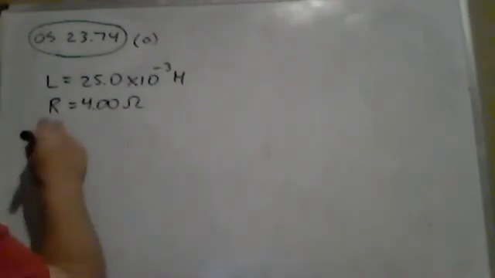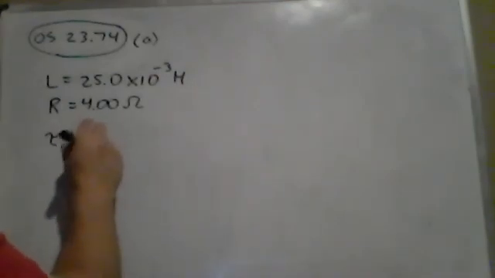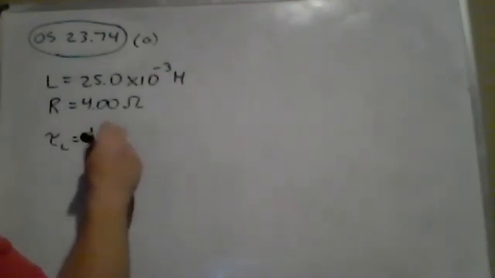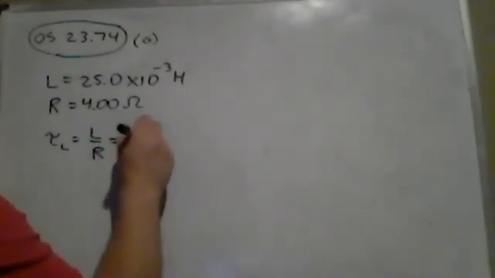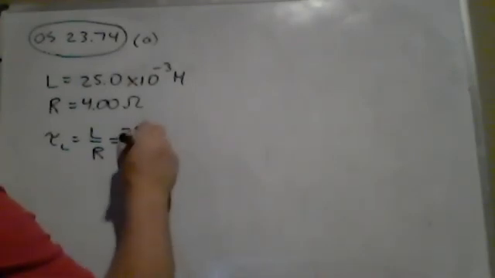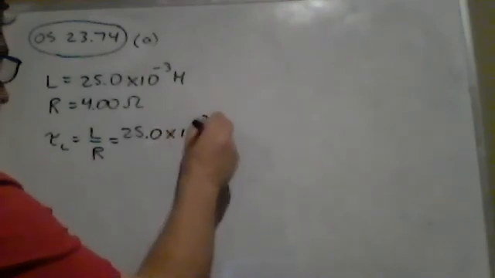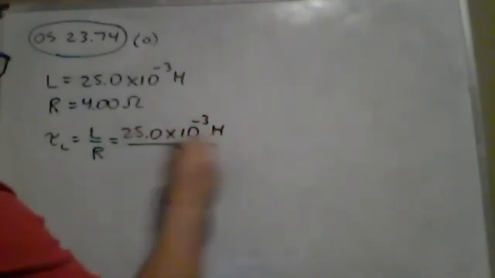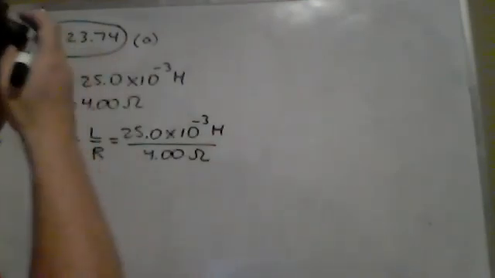All right, and so the time constant, this is what we're after for part A, time constant tau sub L is simply L over R. So again, just like the last problem, 25.0 times 10 to the negative 3 henries divided by 4.00 ohms.